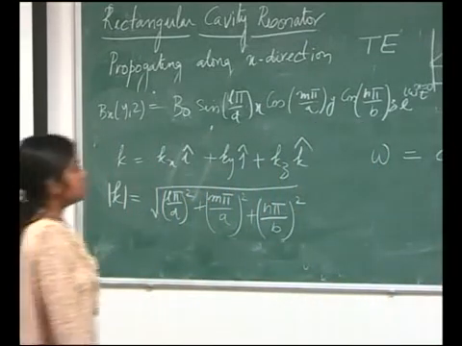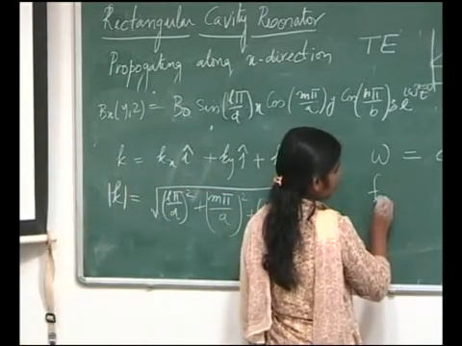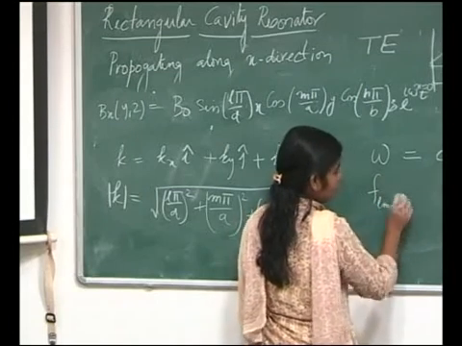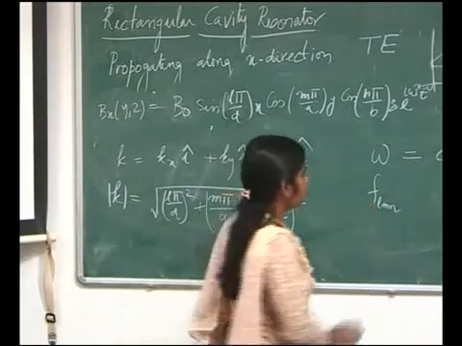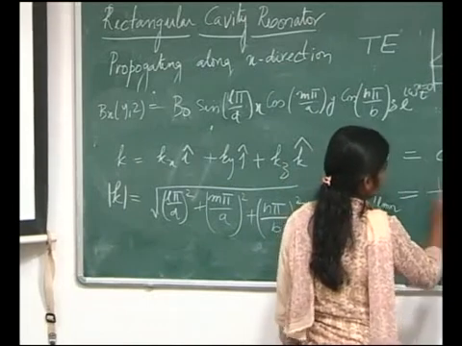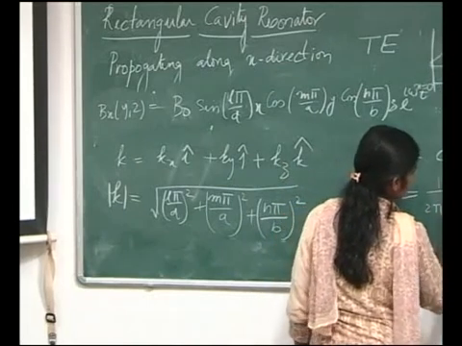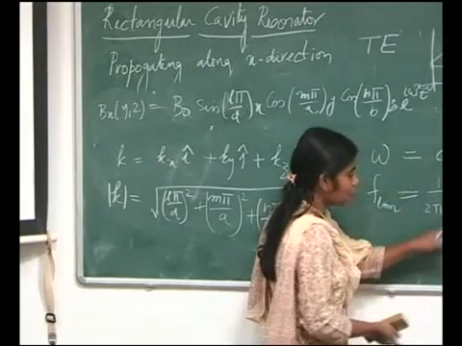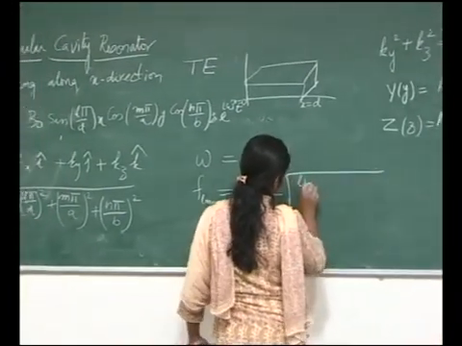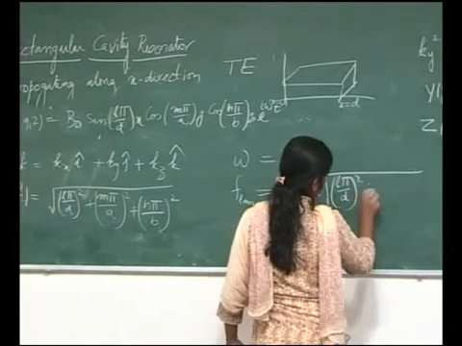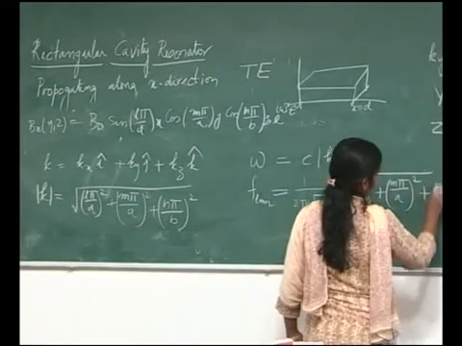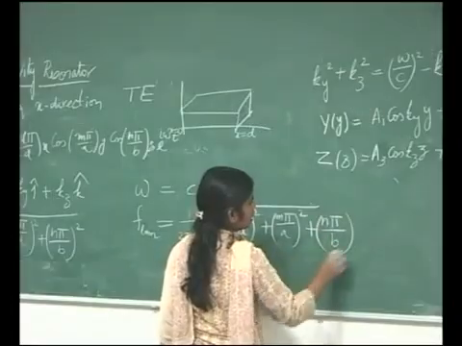Okay. So, I can write that f0, or FLMN, this is the resonant frequency of the LMN mode of the rectangular cavity resonator, is 1 upon 2 pi under root mu into epsilon relative permittivity into this whole term: L pi by d whole square plus m pi by a whole square plus n pi by b whole square.